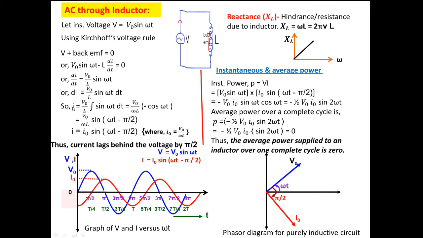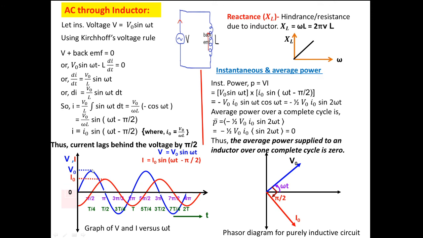Thus here see the instantaneous current is I naught sin omega t minus pi by 2, and the instantaneous voltage is V naught sin omega t. So we can say current lags behind the voltage by pi by 2. See here, at t equal to 0, voltage is ahead of current by angle pi by 2.